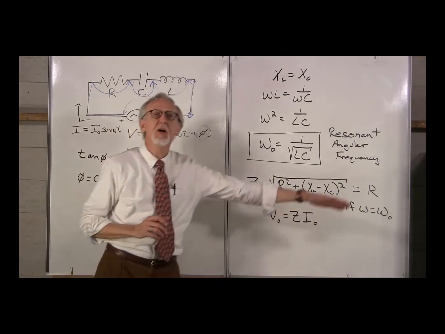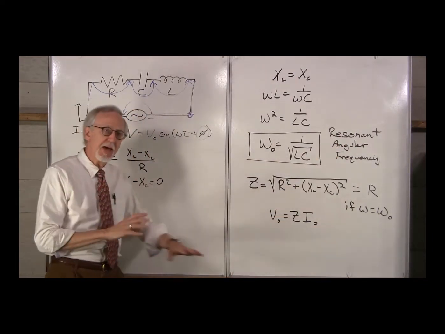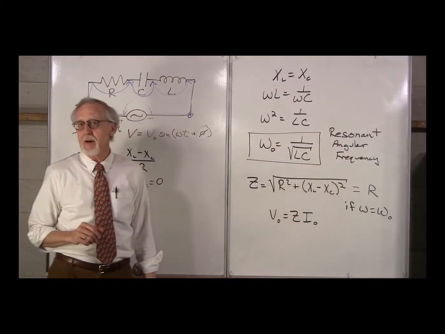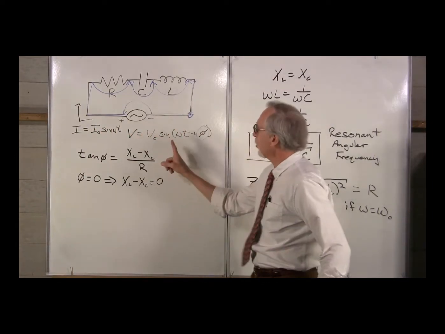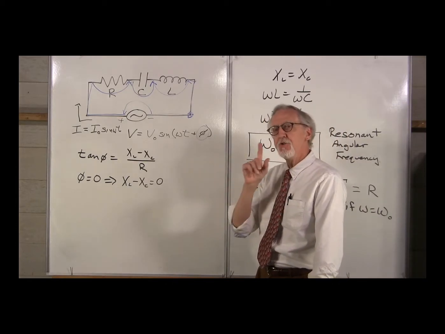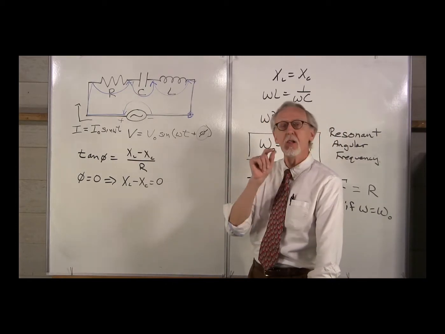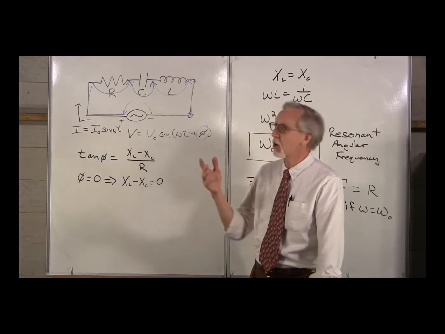You push, they come back, you push again, they come back. You match the frequency of the forcing function, in other words, your applied frequency, to the natural, what we would call resonant frequency of the circuit, the natural frequency of the system.